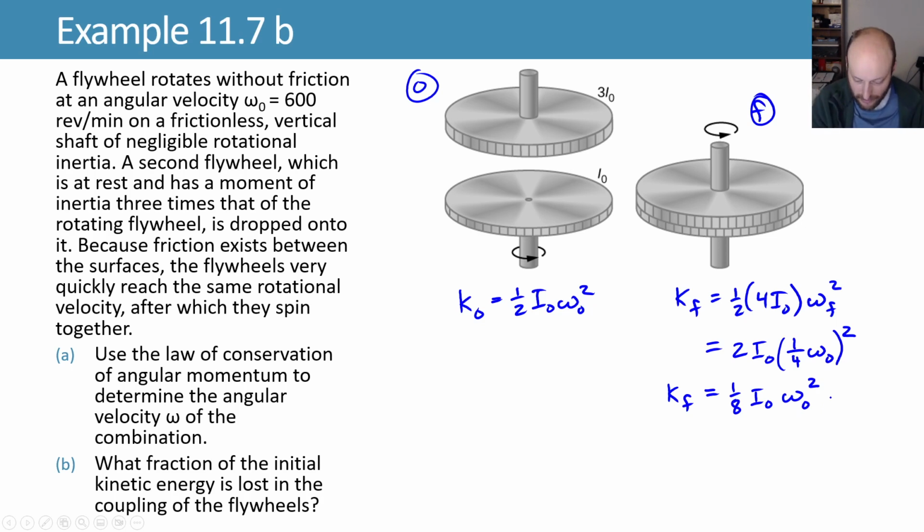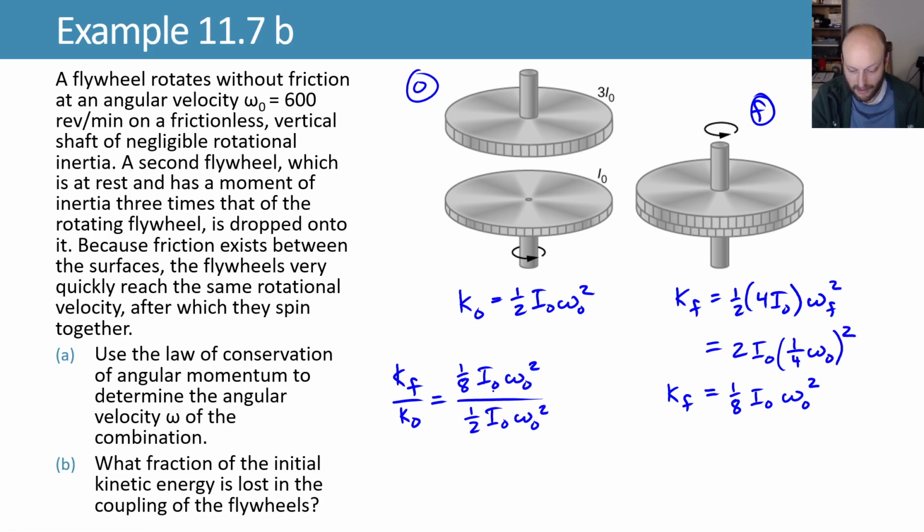We can show that by calculating my final over my initial: 1/8 I naught omega naught squared over 1/2 I naught omega naught squared. Those things all cancel, and we're left with 1/4, because 1/8 divided by 1/2 is the same as multiplying by 2.